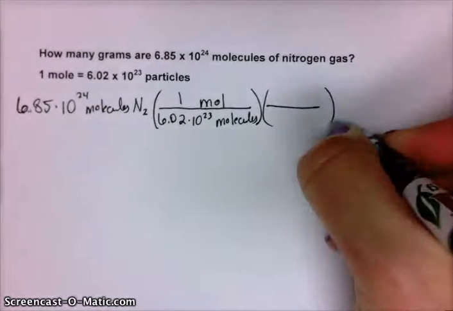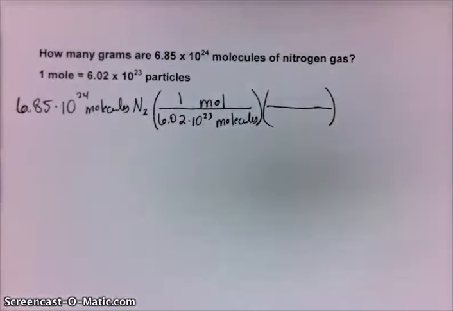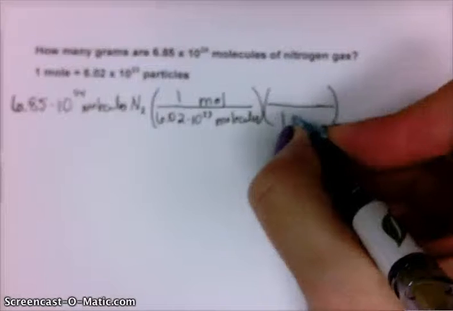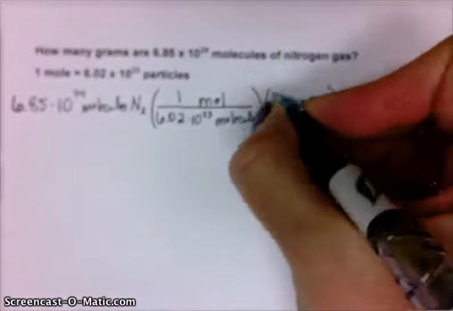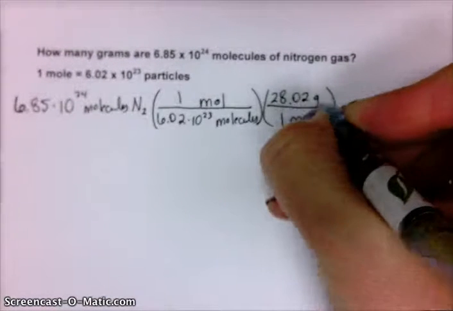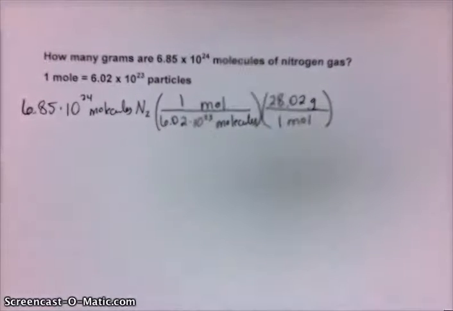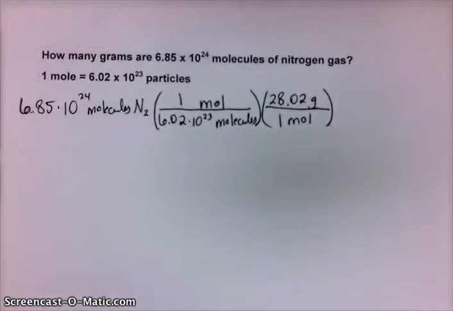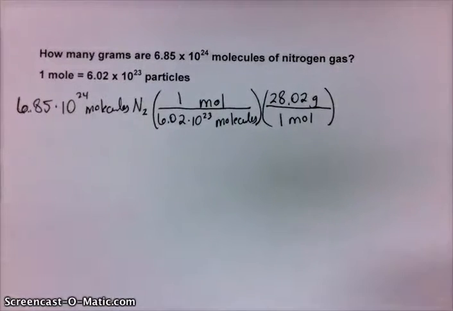Because 1 mole is on top, the 1 mole is going to be on bottom. And again, there are 28.02 grams of nitrogen gas in the 1 mole. Now the mole cancels and we are left with grams.